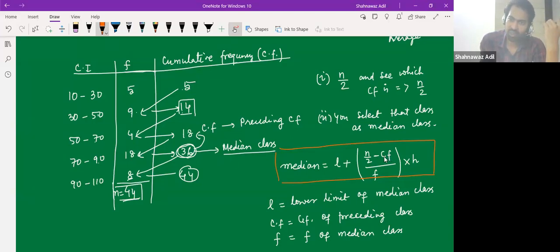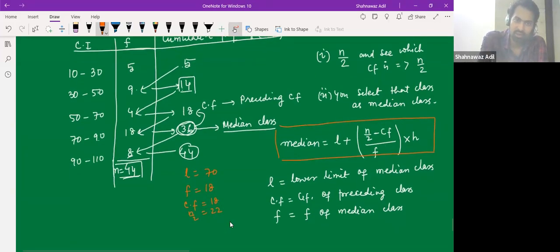Then we take the preceding cumulative frequency, F is the frequency of the median class, and then H. So in this case, L is 70, F is 18, CF is 18, N by 2 is 20, and H is 20.